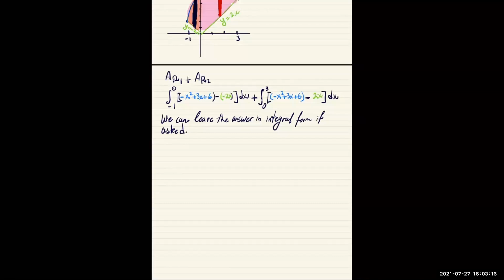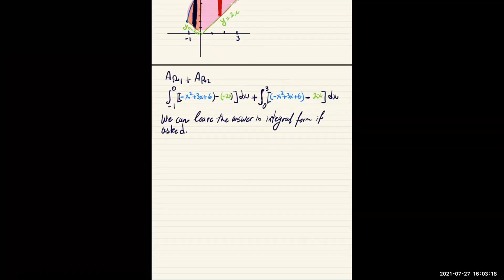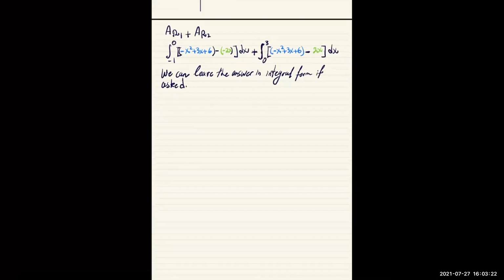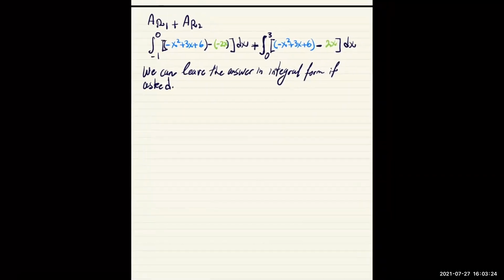So let's do one more of these examples because they are kind of important. And there's a shortcut for them also.